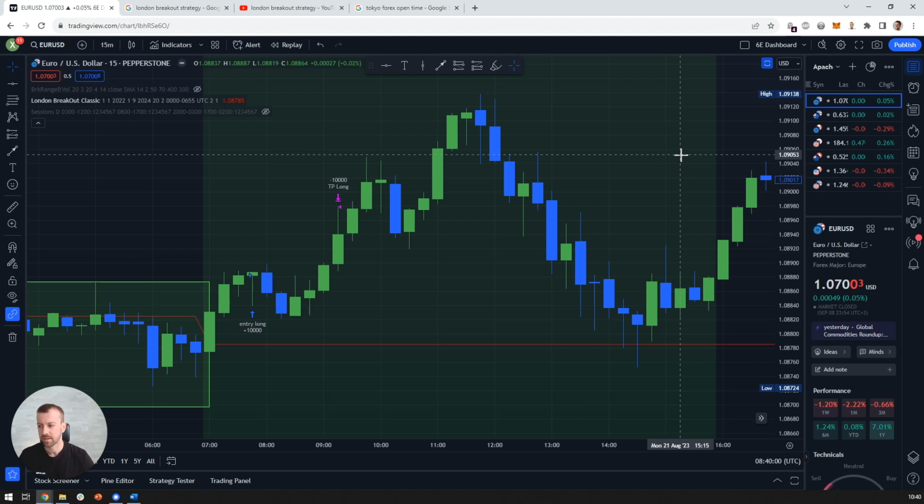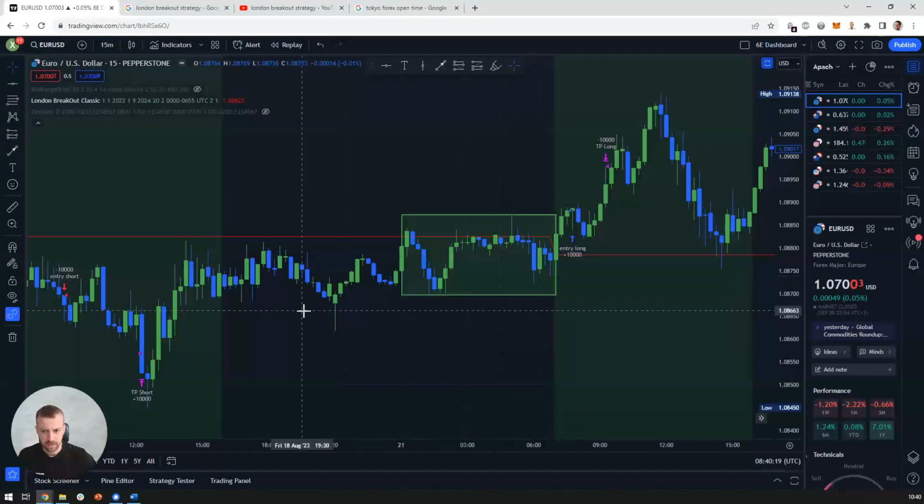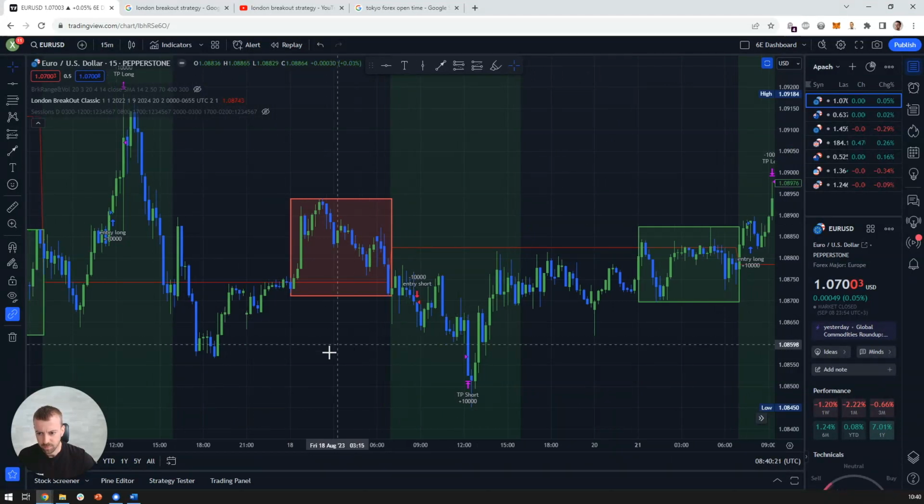If we haven't entered a trade, any pending orders are cancelled automatically. And I've also programmed a timeout, like I said, at 11 p.m. to make sure every trade is closed before the new Tokyo session begins. As you can see, the code works perfectly.